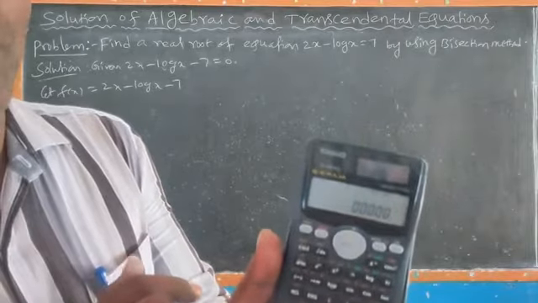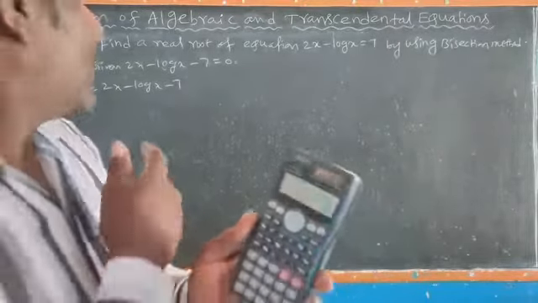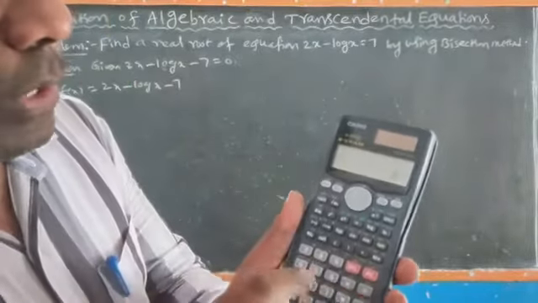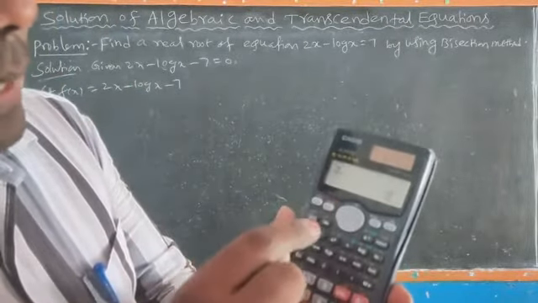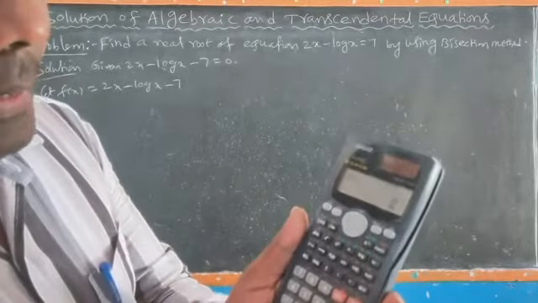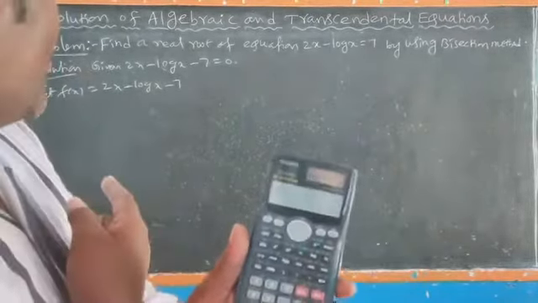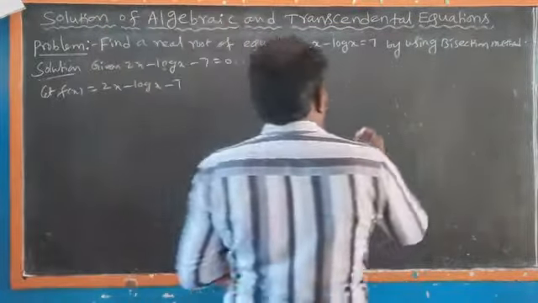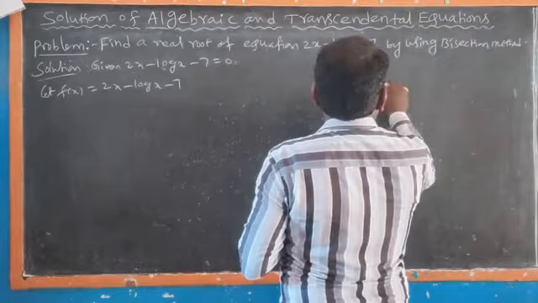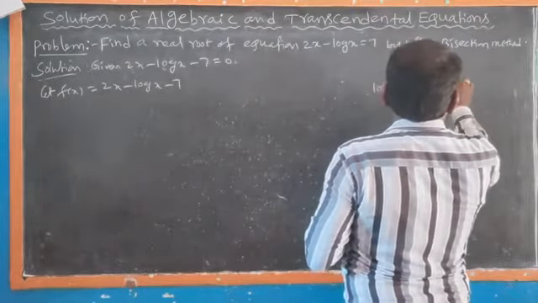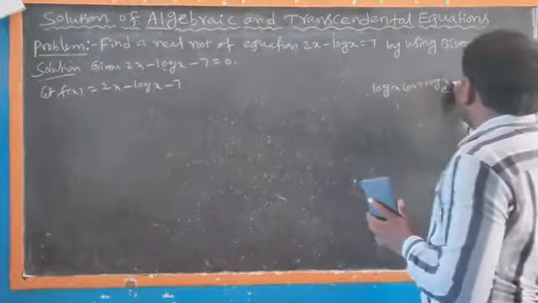Now type that equation: 2 alpha x, minus log x. Already I have told you log x is log x to the base e.